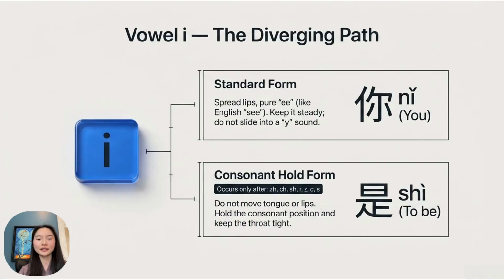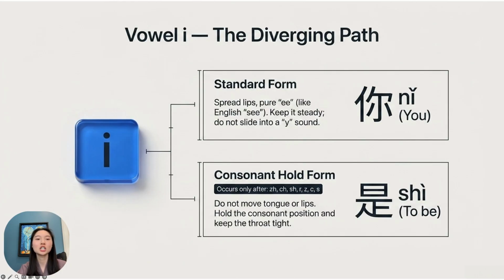Vowel i. There are actually 2 ways to pronounce i depending on what comes before it. Most of the time, spread your lips and say i like in English, see. Keep the sound pure and steady. Don't let it slide into an uh sound at the end. I like 你, you.